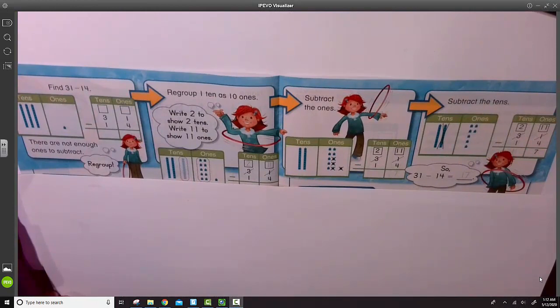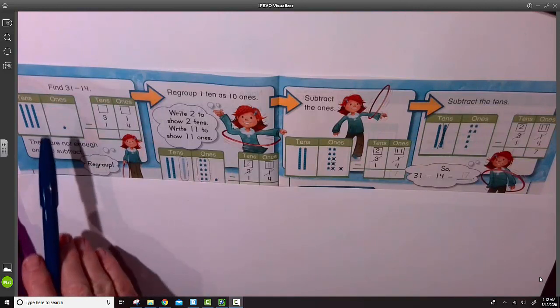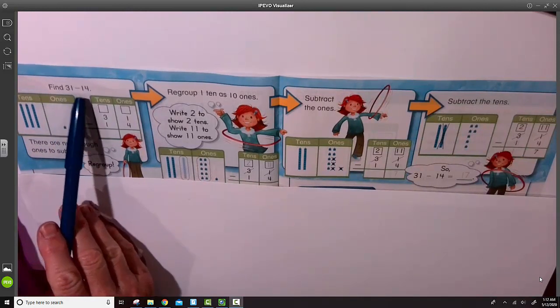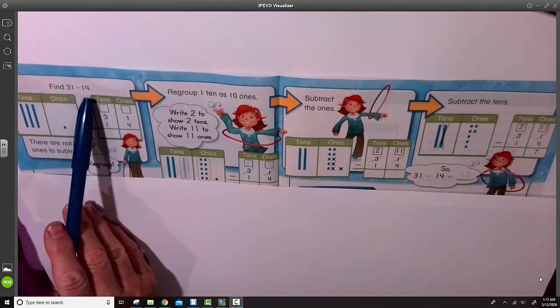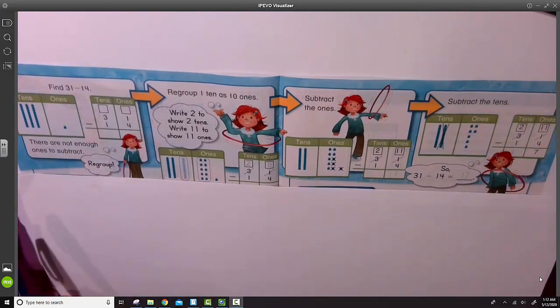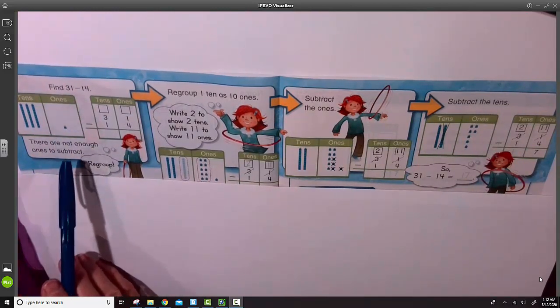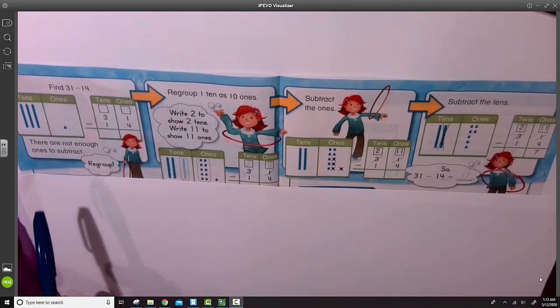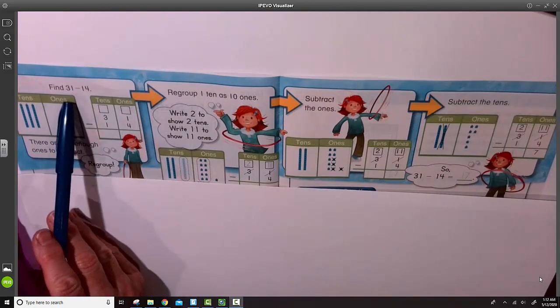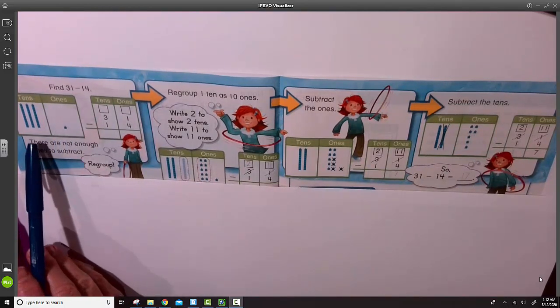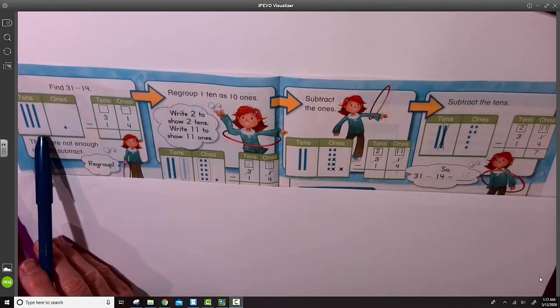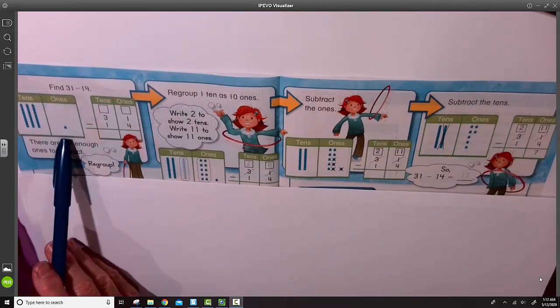Lesson 9-4 continues with the same basic concept. Now, though, we have 2 two-digit numbers. We're subtracting a 2-digit number from a 2-digit number. For this example, we are subtracting 31 minus 14. So we have the picture representation again with 3 tens and 1 one.